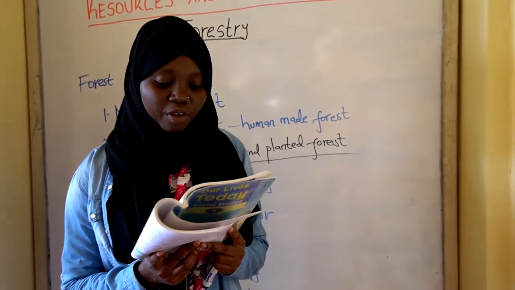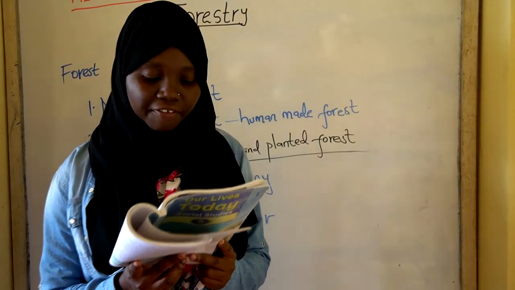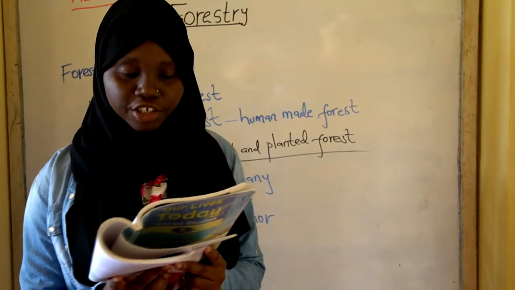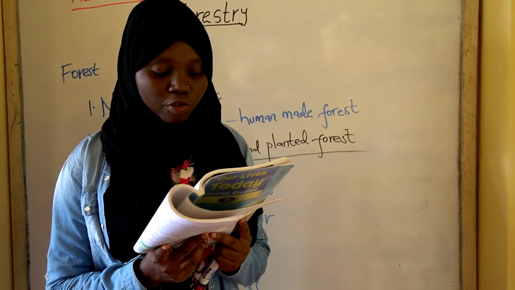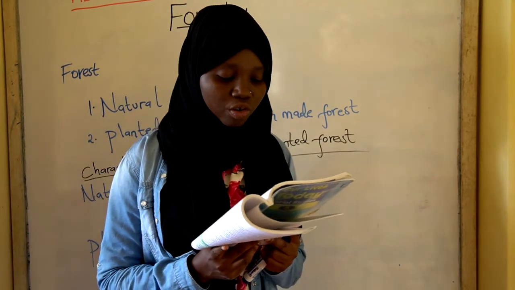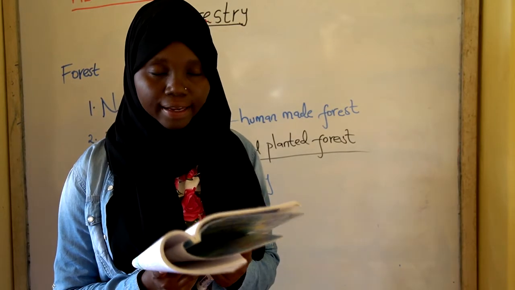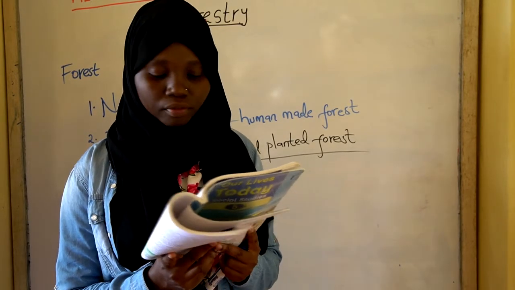Lowland forests are found along the coast. They include Arabuko Sokoke in Kilifi and the forest in Shimba Hills. Mangrove forests grow in the salty waters on the shores of the Indian Ocean. They are found in areas such as Lamu, Kwale, and Kilifi.